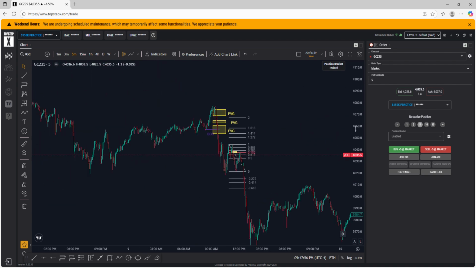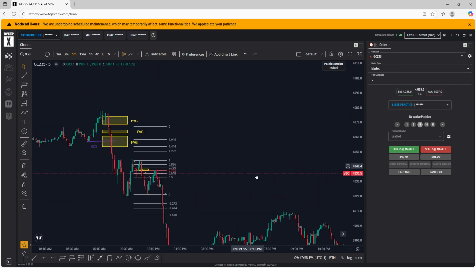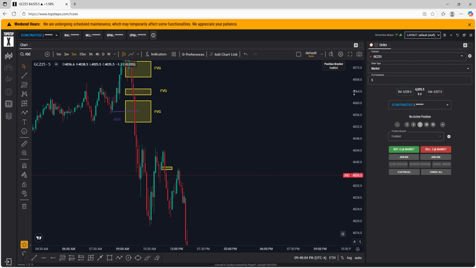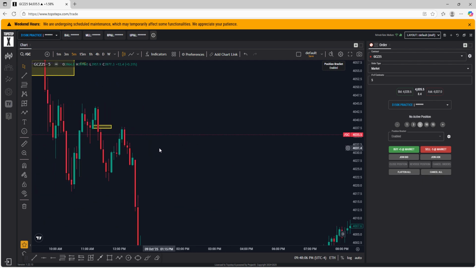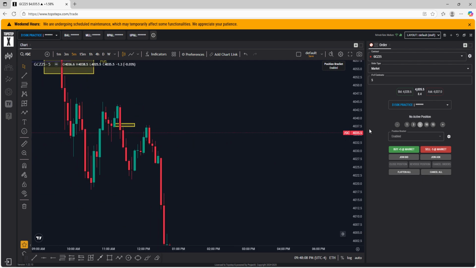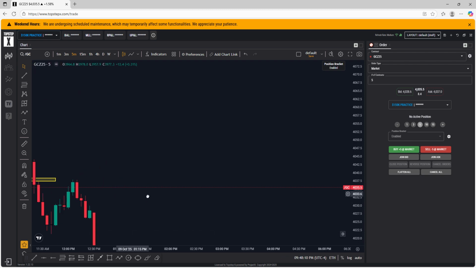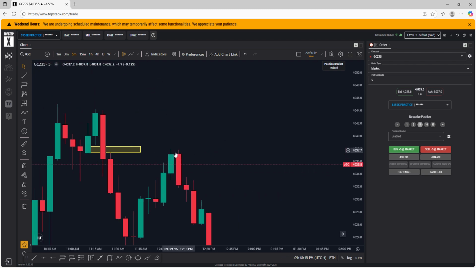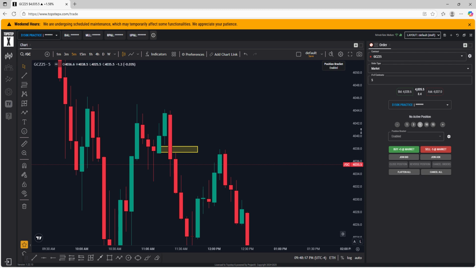Now, engulfing candles. Let's take a look at some engulfing candles. Let's see if we can find one. Ooh, this was close. This is close, but not quite.